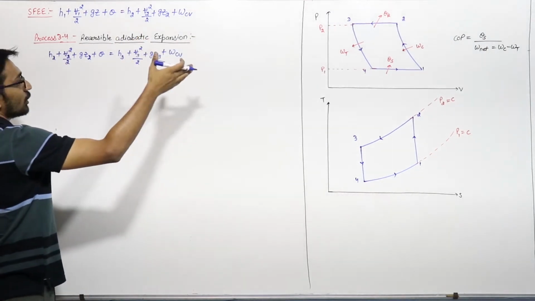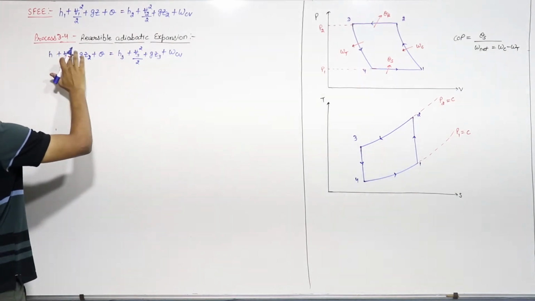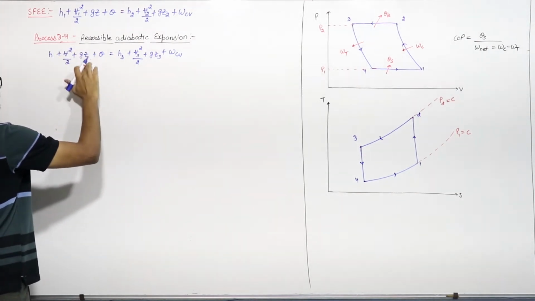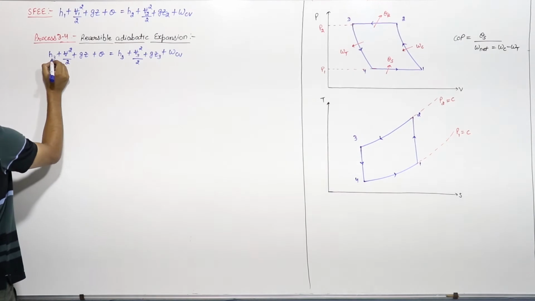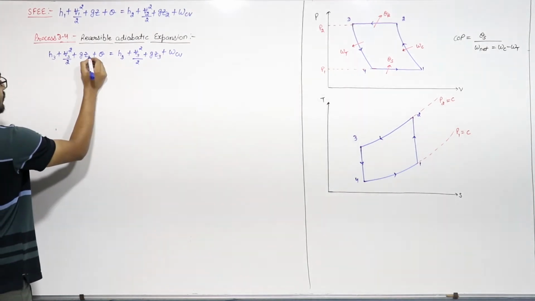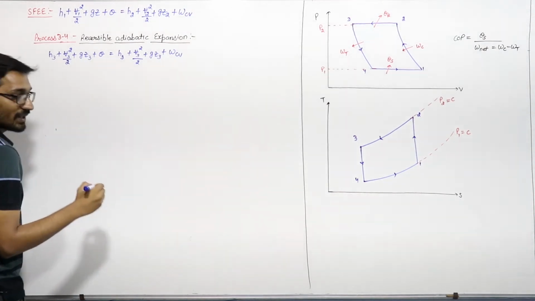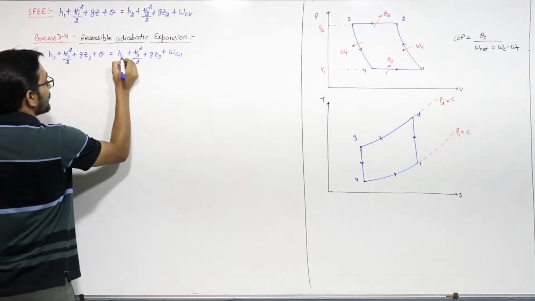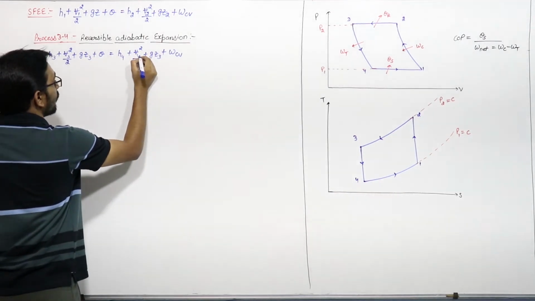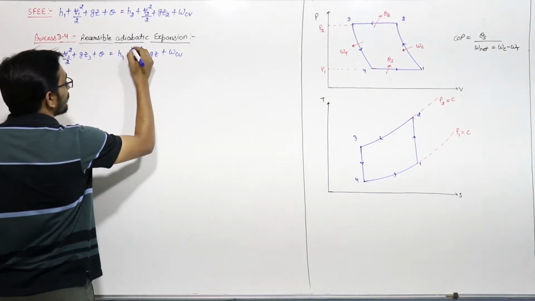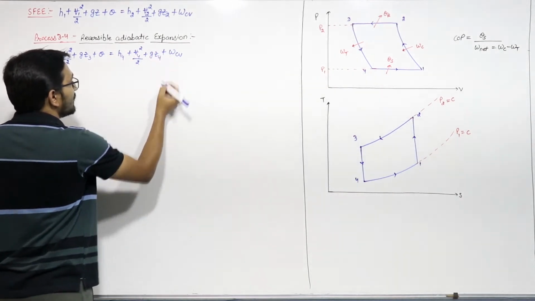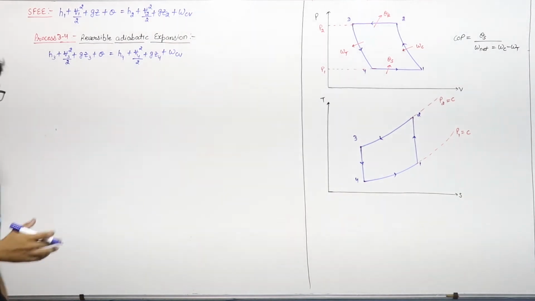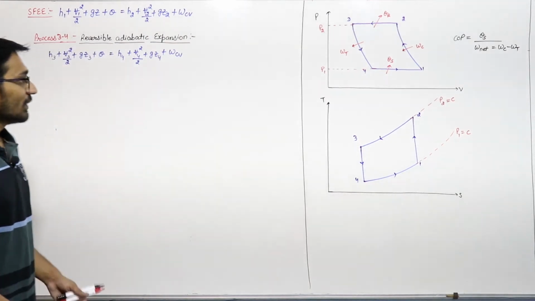For process 3 to 4, what is the steady flow energy equation? The steady flow energy equation will be H3 plus V3 square by 2 plus gZ3 plus heat added to the system is equal to H4 plus V4 square by 2 plus gZ4 plus work done by the system.